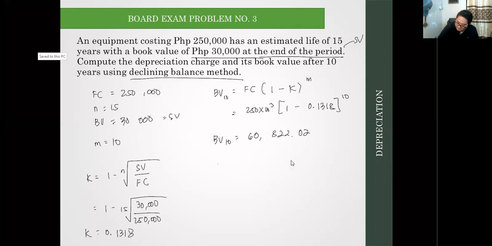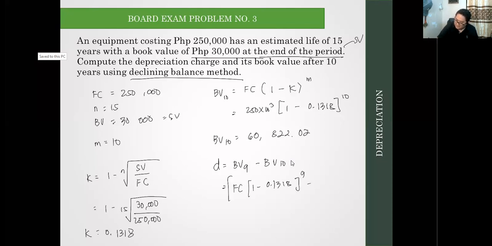So, depreciation is equals to yung book value niya in 9 years minus yung book value niya in 10 years. Okay, so book value will be FC times 1 minus 0.1318 raised to 9.